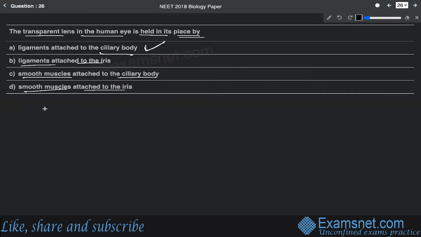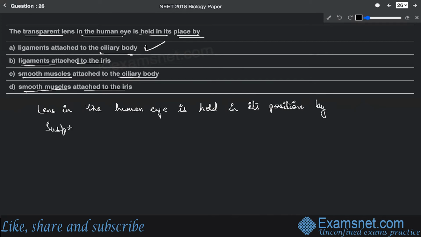So you can say that the lens in the human eye is held in its position by suspensory ligaments that are attached to the ciliary body.